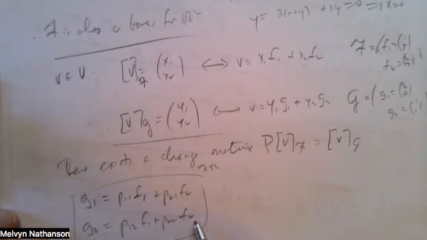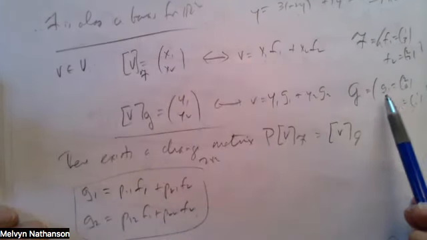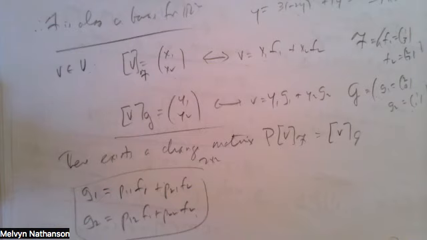F1 and F2 form a basis for my vector space, so I can write each vector G as a linear combination of them.